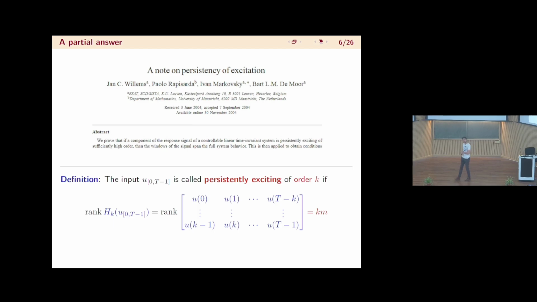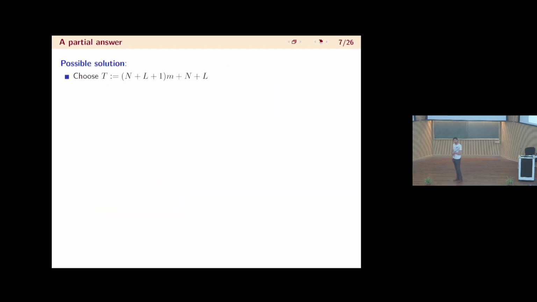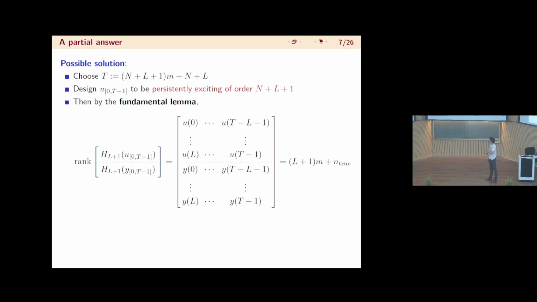So, one of the possibilities now to generate this experiment is in the following way. I choose my T to be this number here on the slide. So this is the time horizon of the experiment, right? I design my input U to be persistently exciting of sufficient order, namely N plus L plus 1. I apply that input to my system.